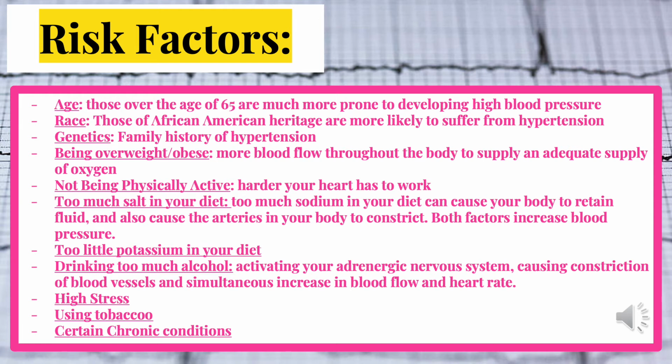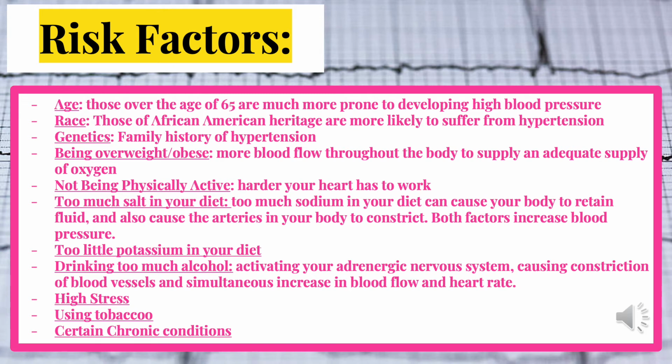Not being physically active, so since your heart's a muscle, the harder your heart has to work, the more risk of hypertension. Too much sodium in your diet can cause your body to retain fluid and also cause the arteries in your body to constrict, and both of these increase blood pressure.